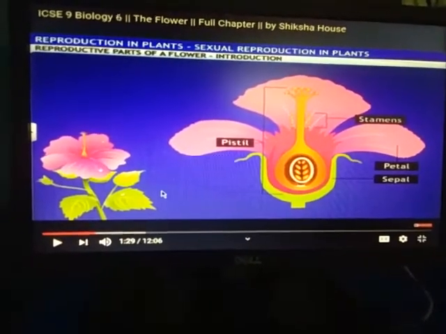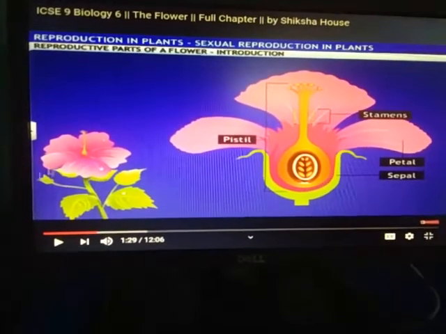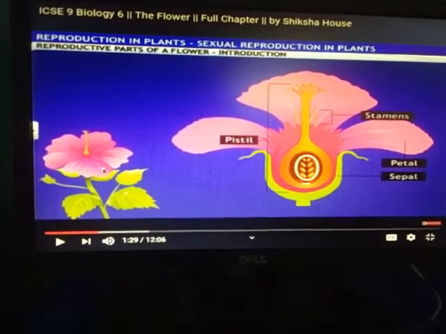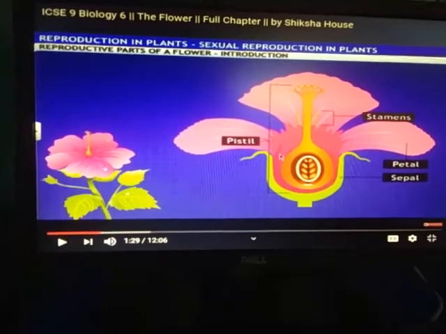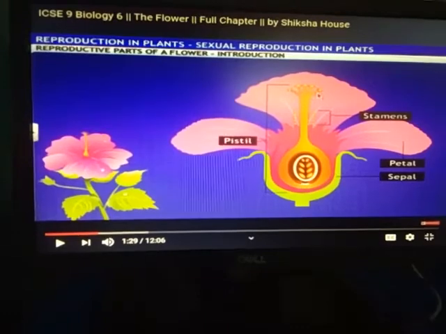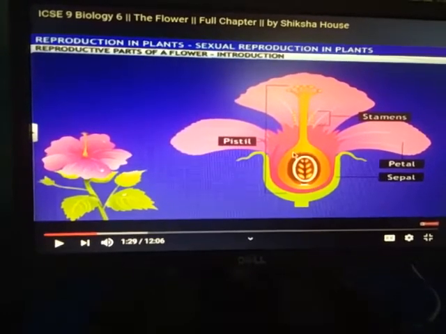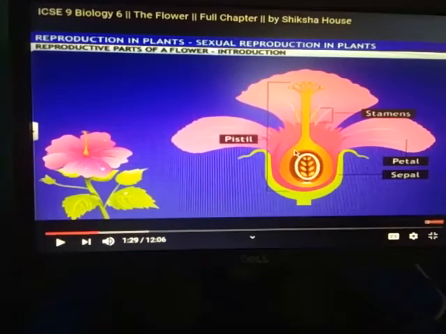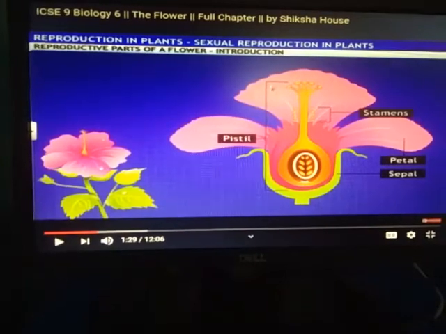Dear students, you can watch in this structure, this is the hibiscus flower. Now we can watch the different parts of the flower. This is the pistil, the female reproductive part of the flower, called gynoecium or pistil.